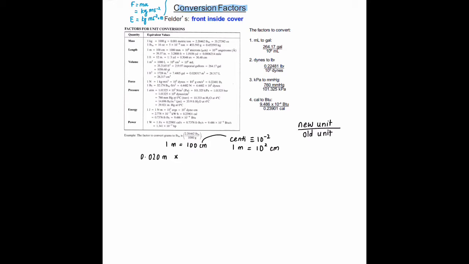So new unit over old unit, in which now I have to put 10 to the power of 2 cm because this is my new unit, and 1 meter. So this here is my conversion factor. So this would give me 2 cm. So this is just a simple example. We can look at more difficult examples.